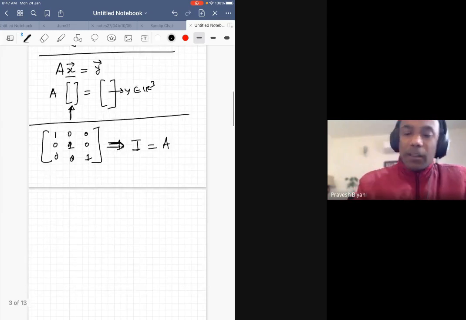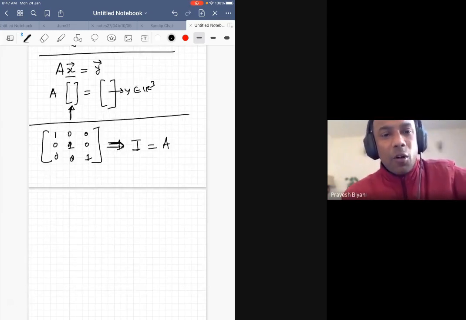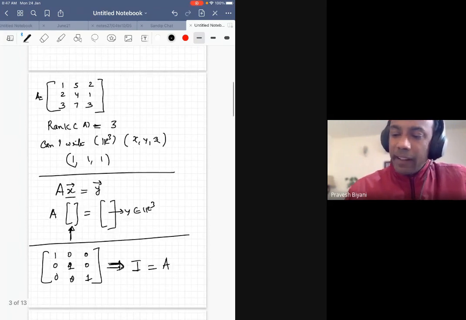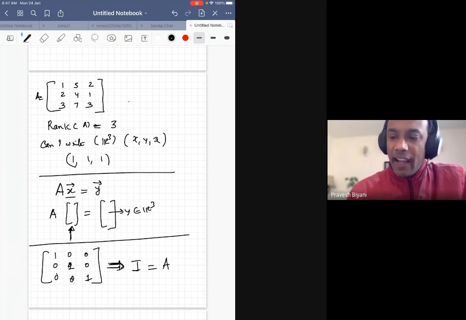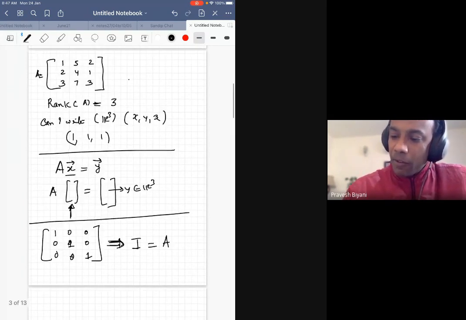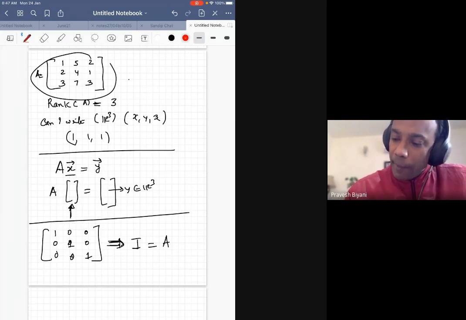But the question is: are these columns the only basis of the vector space that is spanned by the columns of A? The answer is no. I said that using this matrix A you can derive every element of R3, but you can also derive the same elements using this other matrix. So this is my matrix number 1, and this is my matrix number 2.